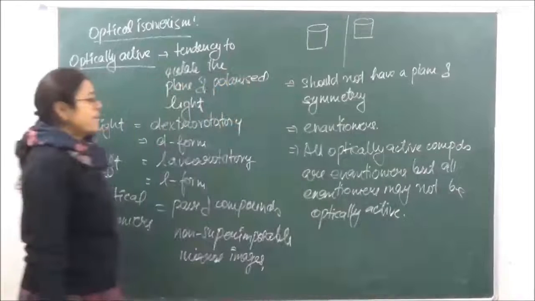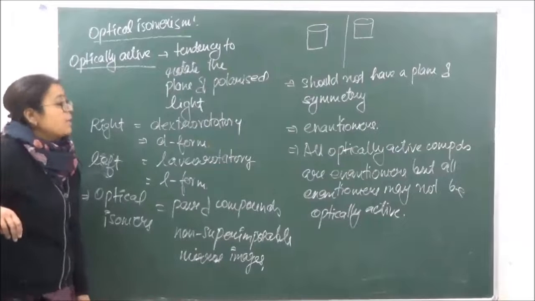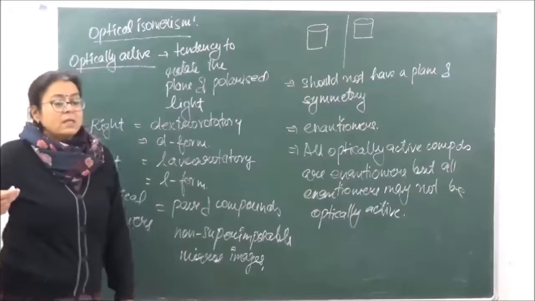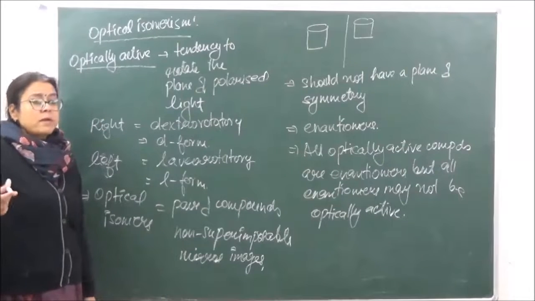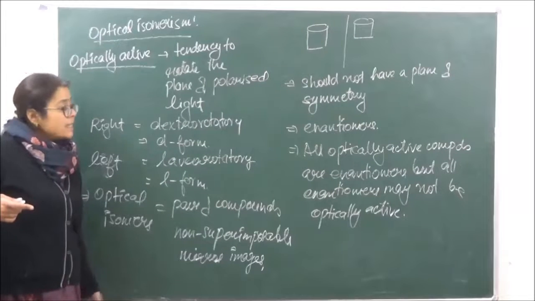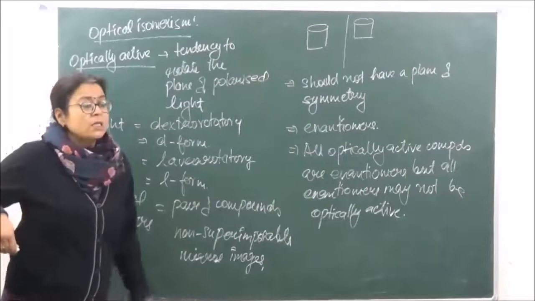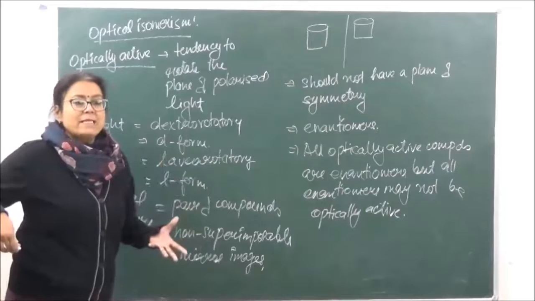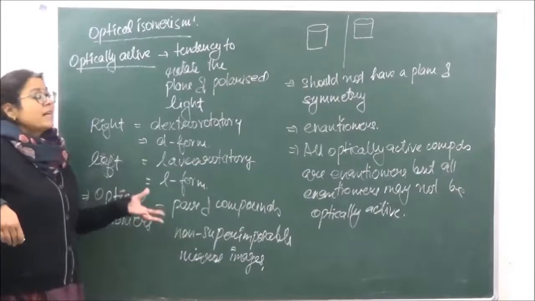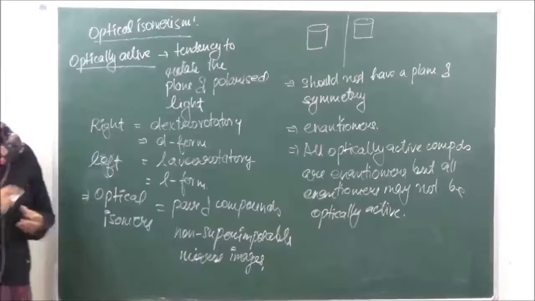For enantiomers, only one condition needs to be fulfilled, that they should be non-superimposable mirror images. But for optical activity, they should rotate the plane of polarized light. There are certain compounds which are non-superimposable mirror images but do not rotate the plane of polarized light, hence they are not optically active.